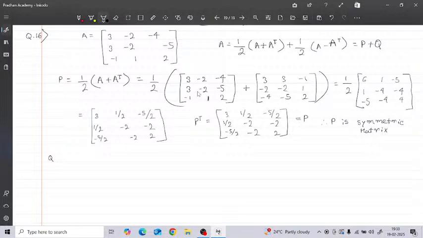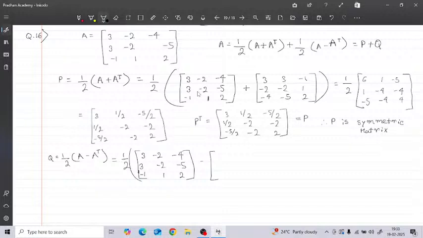Now let's compute Q. Q is equal to half of (A minus A transpose). A is [3, -2, -4; 3, -2, -5; -1, 1, 2], minus A transpose.